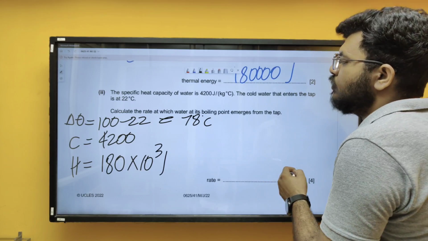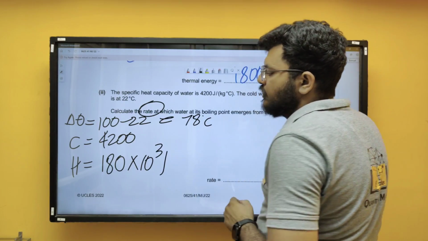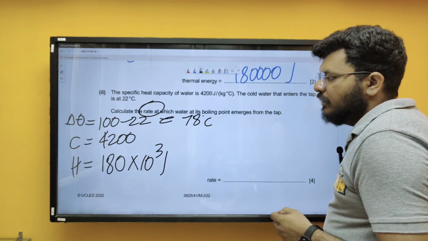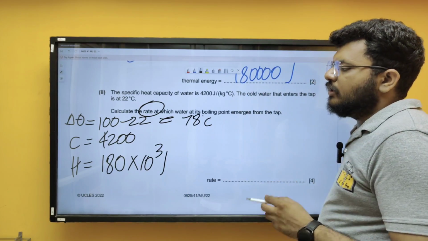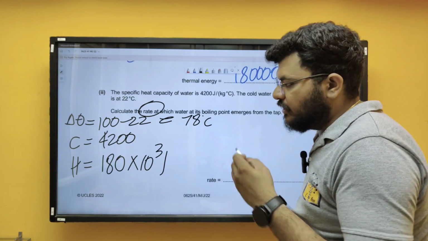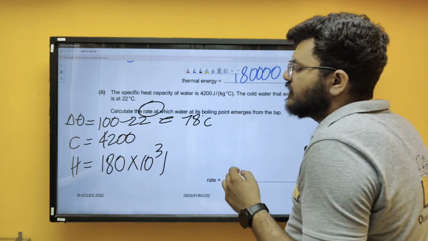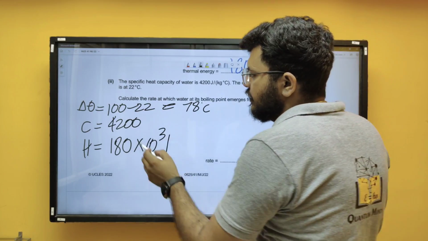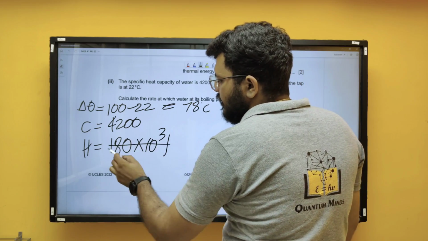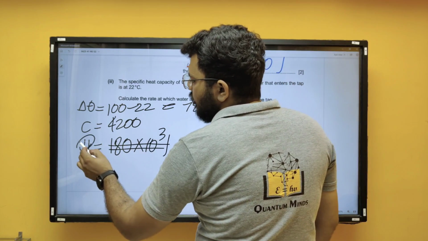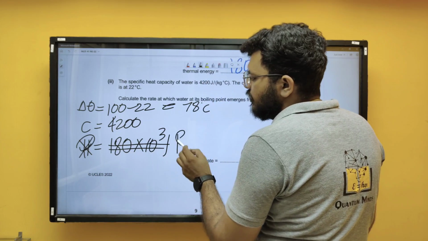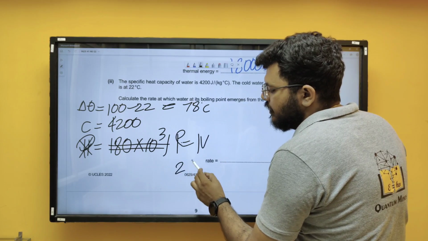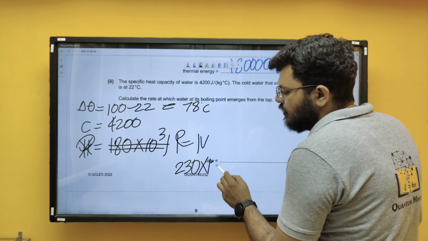What do we need to find out? Calculate the rate at which, okay, so per second how much water comes out. So we just need to find out how much mass of water comes out, but per second, right? So this is the total heat. Now what I need is only power. I do not need this, I actually need power. Then I can find the rate. Power is I into V, which is 230 into 13, right?